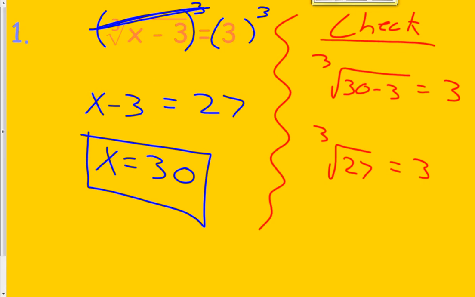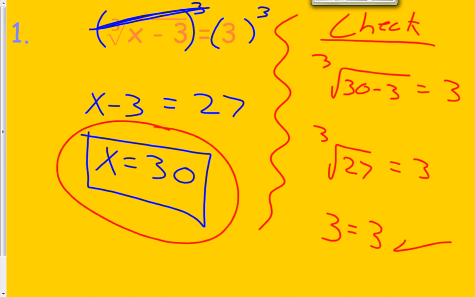That equals 3. So now I take the third root of 27. If you haven't memorized it yet, that's okay. You could easily just open your calculator. If you do that in your calculator, the cubed root of 27 is 3. So 3 equals 3, it checks out. Now we know for certain this is our answer, and now we can move on to the next one.